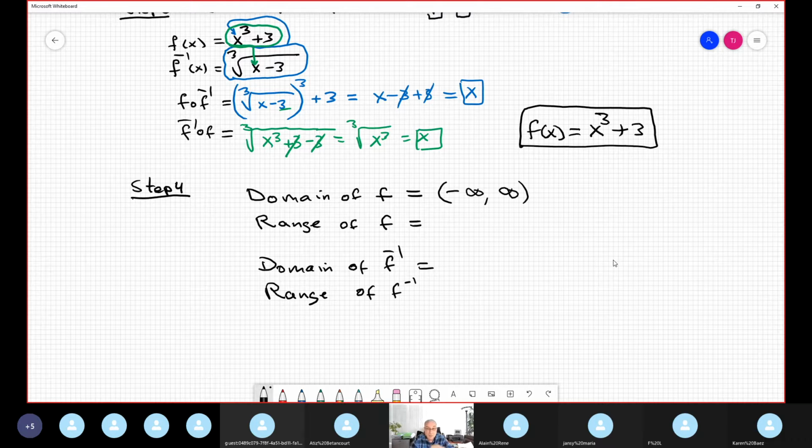And the domain of f is equal to the range of the inverse. You remember the theorem that we studied at the beginning? However, what about the range? Look at the graph. The graph looks like that.